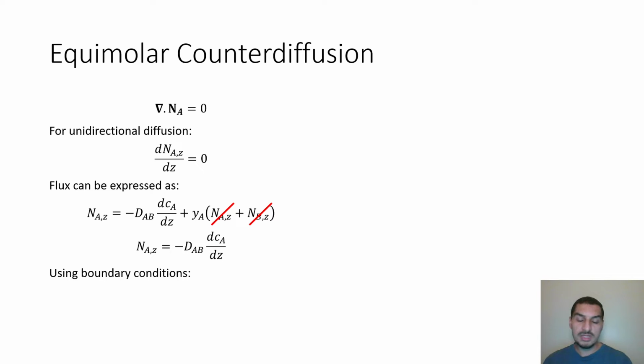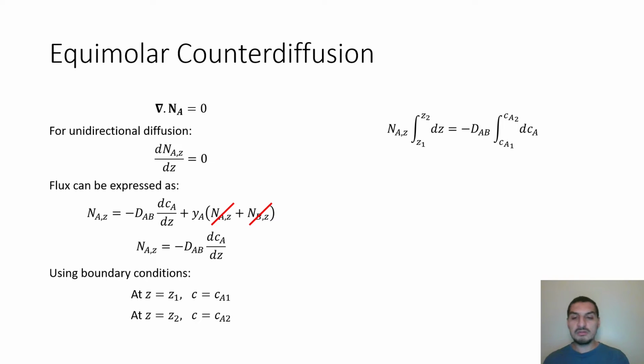And then we can apply boundary conditions, any generic boundary conditions: at Z equals Z1, C equals CA1, and at Z equals Z2, C equals CA2, just any normal conditions, and we can do the integration. We know from here that the flux is constant, so N is coming out of the integration.